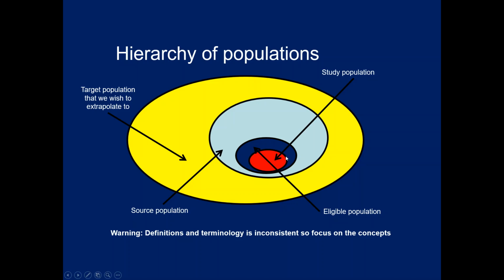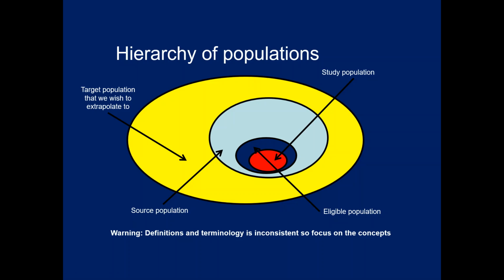So from that source population, we are going to decide who is eligible. Now, sometimes we don't have any eligibility requirements, so the source population and the eligible population are exactly the same. But taking this dairy farm example, let's say that we decide to locate and select farms that are only in the North Island of New Zealand.